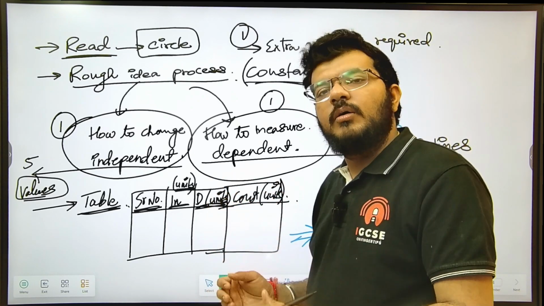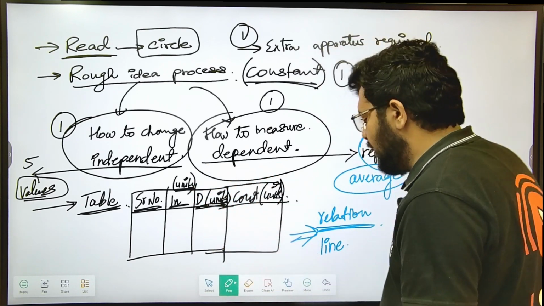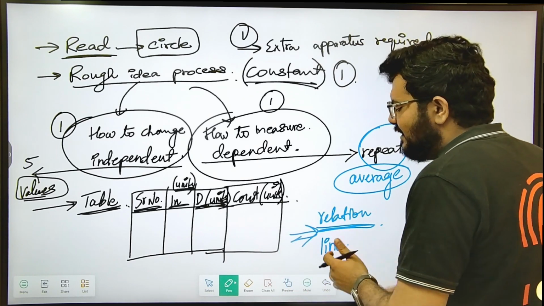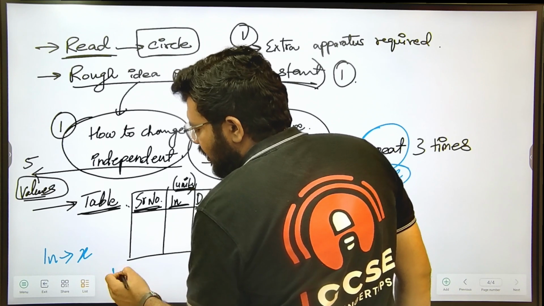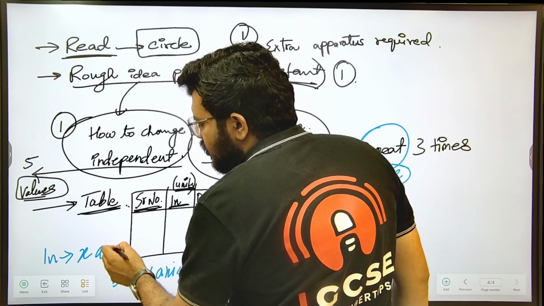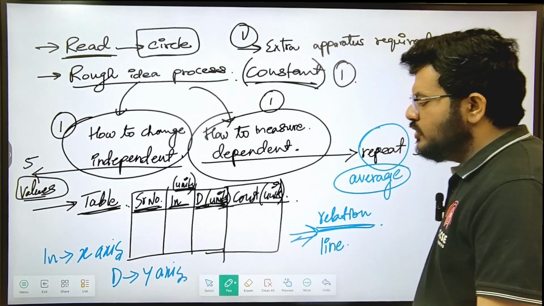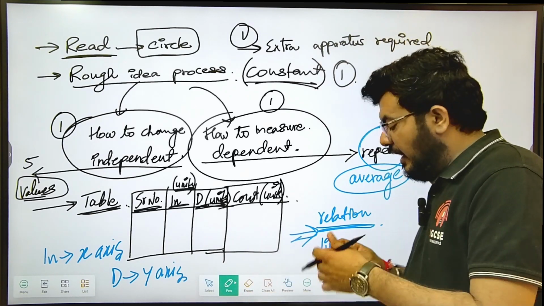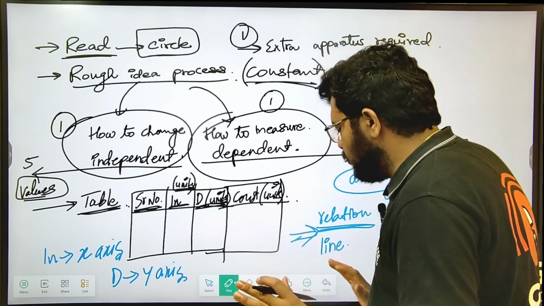Although you don't have to comment on positively related or not, just whether they are proportional or not. So you write these points, with independent always on the x-axis and dependent always on the y-axis. Draw a line, and from that line conclude the relationship. That's all you need to write.